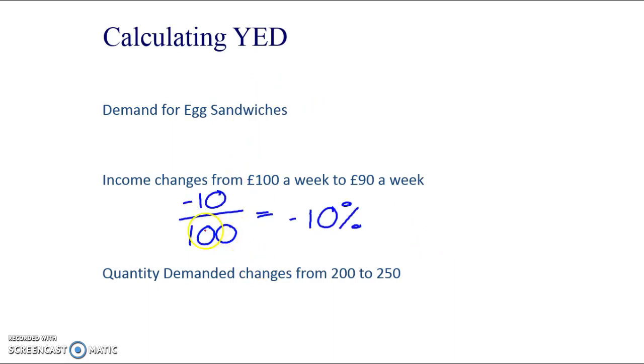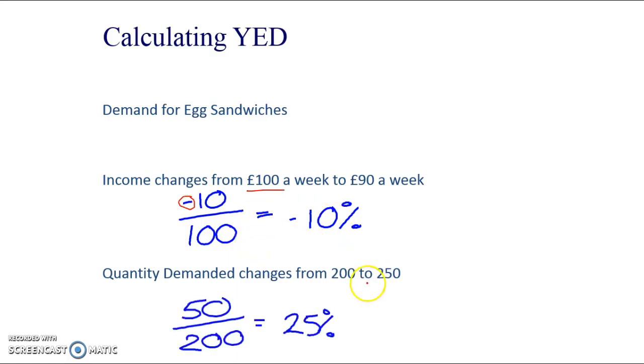It's very important that we're putting the signs in for YED. We've got a change of £10, and that's a £10 decrease, so we've got a minus figure there, and the original was £100, so that's a minus 10% change. And then we've got a quantity change of 50, and the original was 200, so that's 25% change.